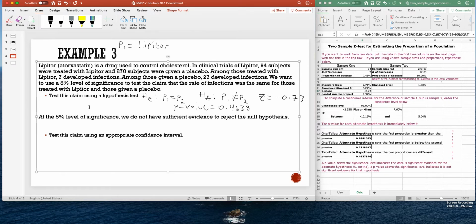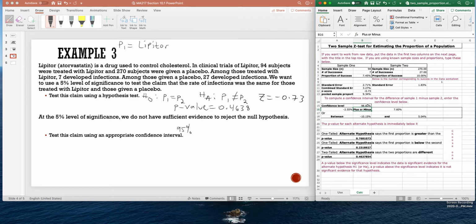For testing the claim using an appropriate confidence interval, since we have a 5% level of significance, that means this confidence interval is going to be a 95% confidence interval. So in my spreadsheet here, I need to change this confidence level to 95.